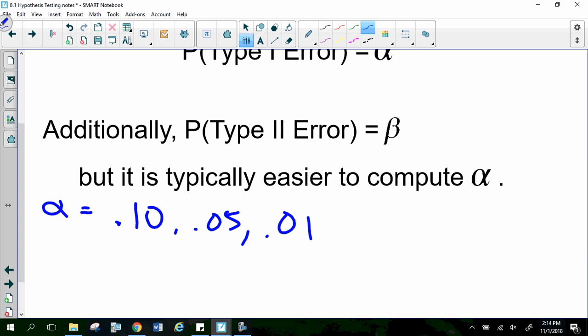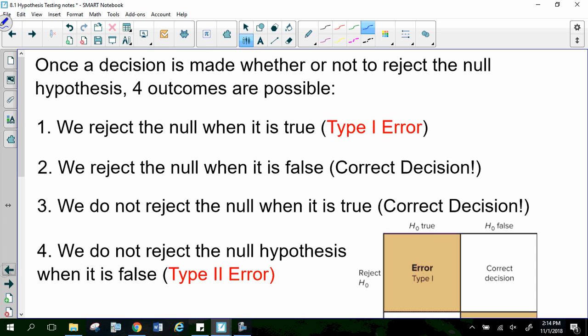So it'll be: do a hypothesis test at an alpha equals 0.1. That's setting the level. This is the probability of committing a type 1 error. Type 1, again, was rejecting the null when it is true.